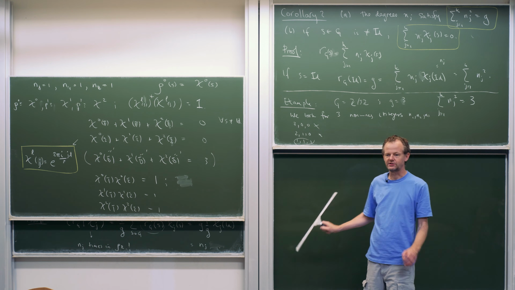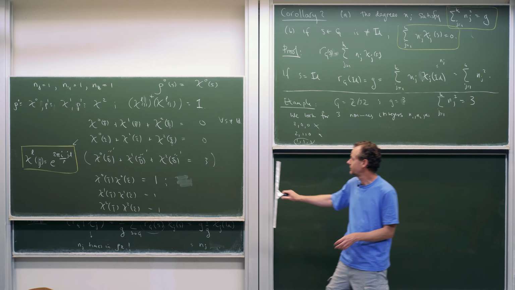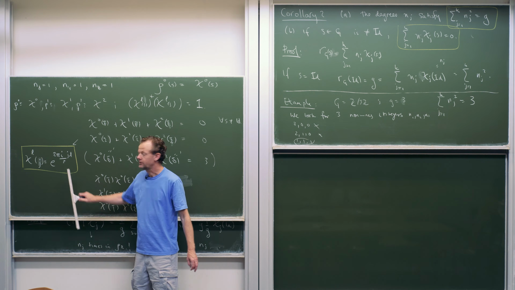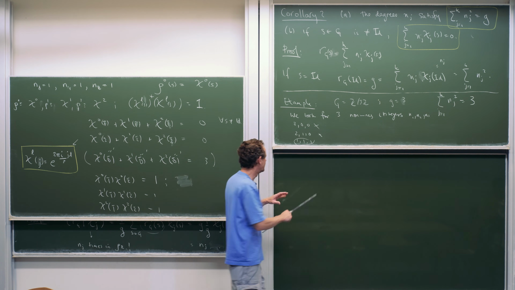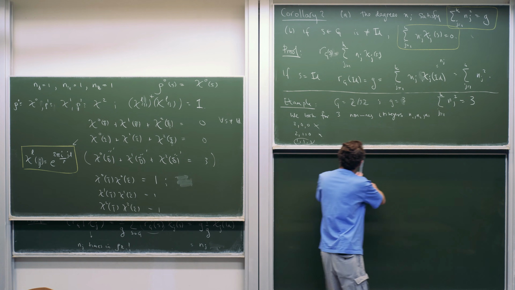And those three matrices that I just erased, they are direct sums of these three one-dimensional actions. In a non-obvious way, admittedly, but they're the direct sums.